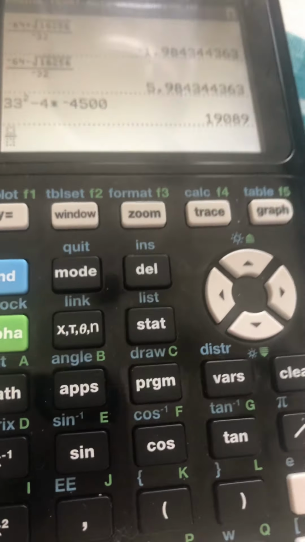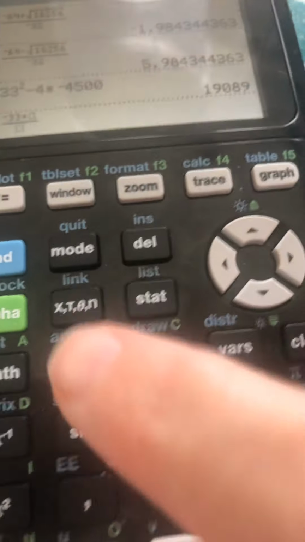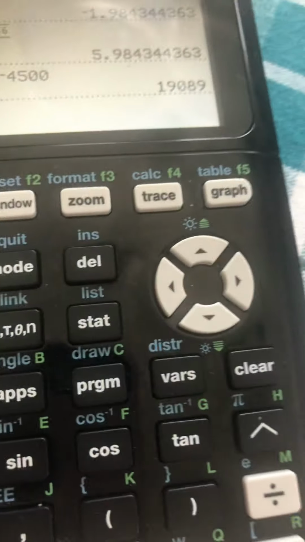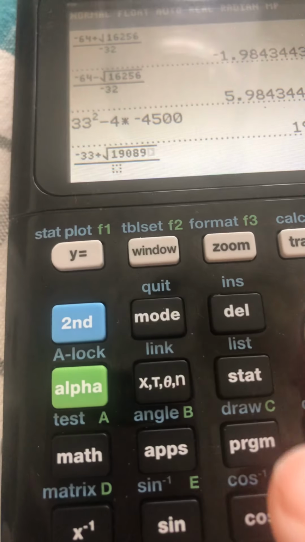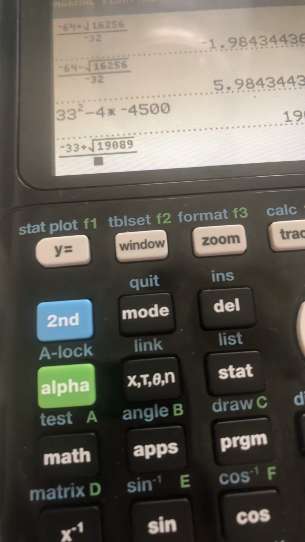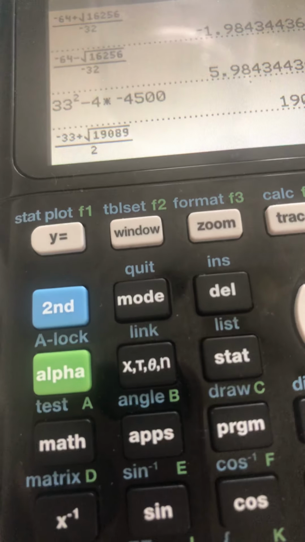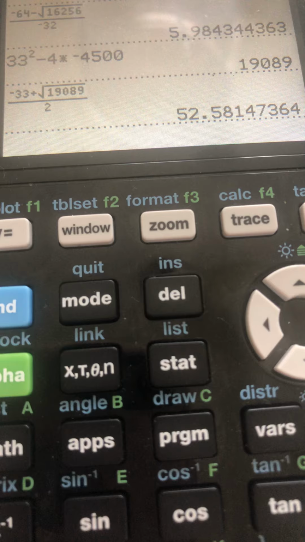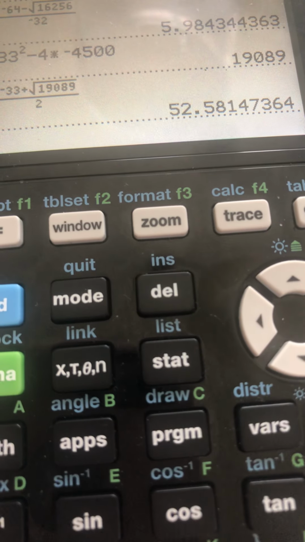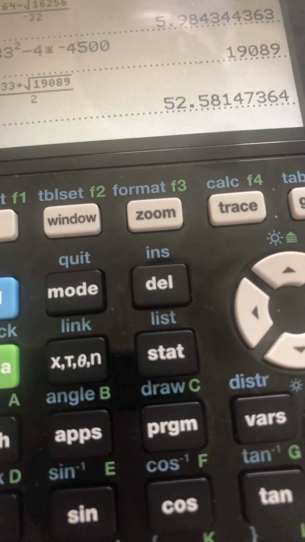So stackable fraction. Nearest mile per hour. So 53.